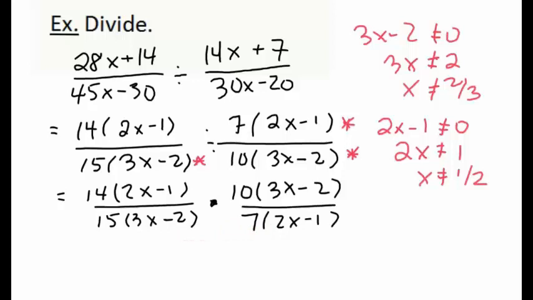So here we can go ahead and cancel out our common factors. It looks like 2x minus 1, those factors will cancel. Our 3x minus 2's are going to cancel. And we do have a factor of 7 that will go into 14 2 times. And we have some factors of 5 that we can cancel off as well.